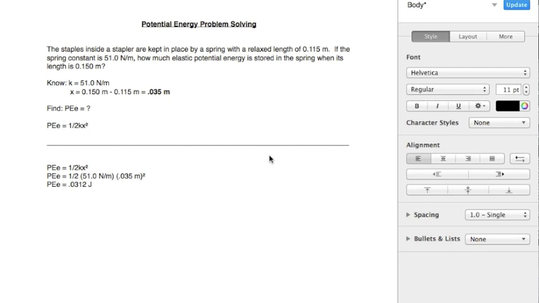Alright, so when you look at this problem, if you read it again, you can see that the staples in the stapler haven't come out of the stapler yet. They're about to come out. So that's where the potential energy comes from. Another real-life example of this kind of thing would be a ball at the top of a hill.